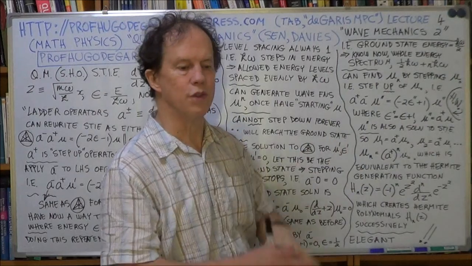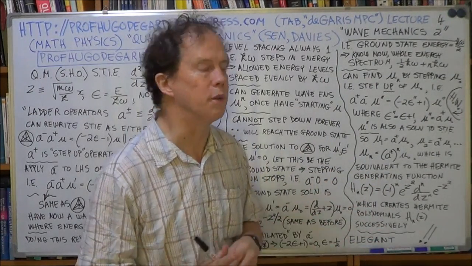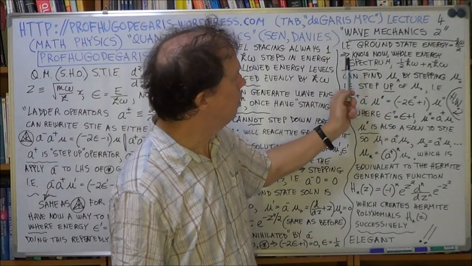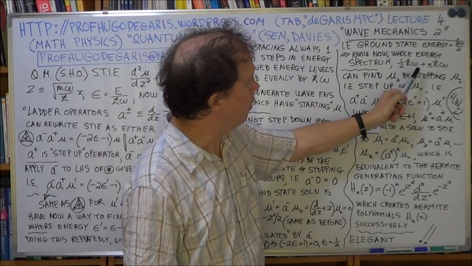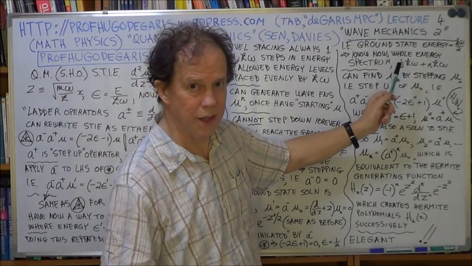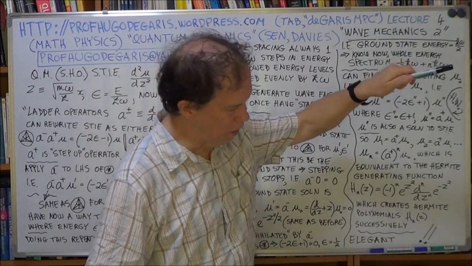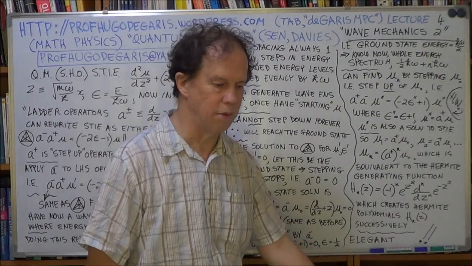By spectrum I mean all possible allowed energy levels. That's the meaning of the word spectrum. All possible energies are of the form a half h bar omega. That's your E naught in a sense, your lowest ground state energy. And if you're going down each time, the energy level goes down by h bar omega.